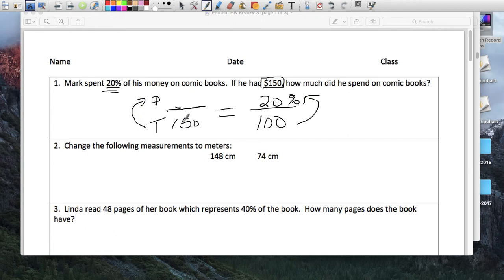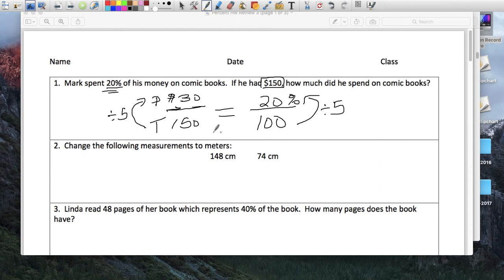We're going from what we know to the part that we don't know, right? So how does 100 become 20? Divide by 5. So to go in that direction, to the unknown 150, we're also going to have to divide by 5. 150 divided by 5 is 30. So there's our answer. That's the part of the 150 that he spent on comic books, which is $30.